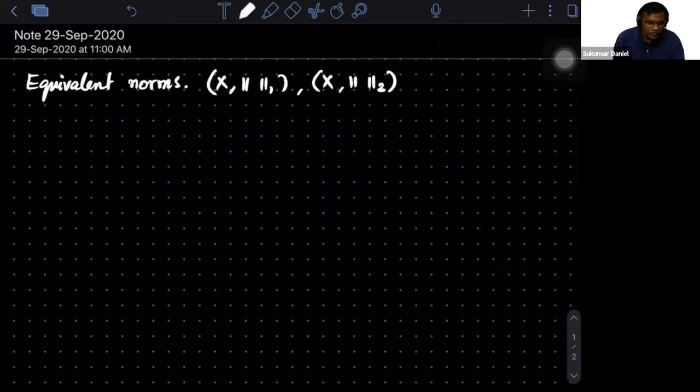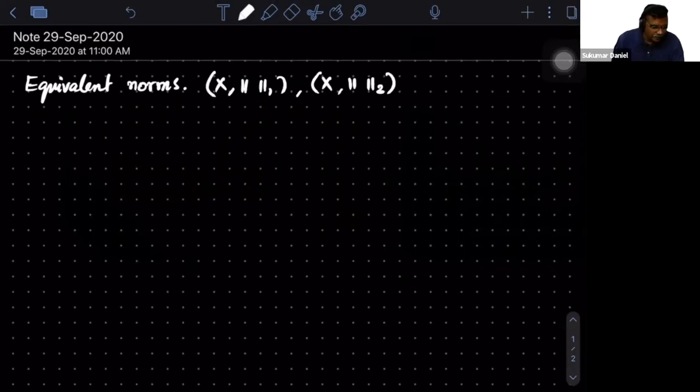And then we have seen which is equivalent to saying that the induced metric topology is the same.